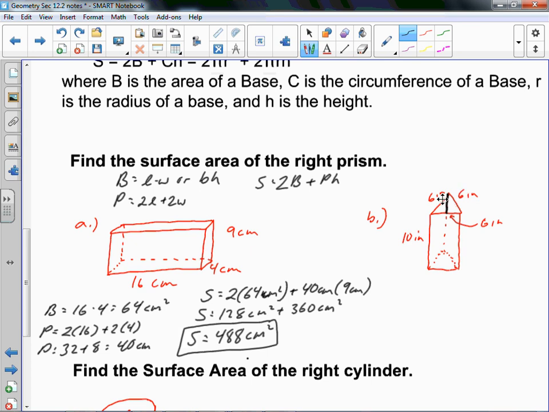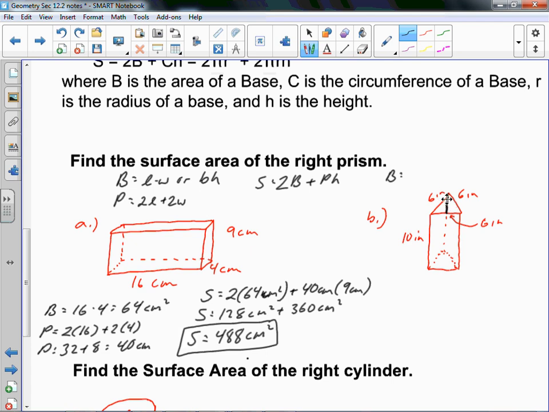So when we go to figure out the area of the base, they didn't give us a height, right? For a normal triangle area, we would do 1/2 the base times the height, which in this example they didn't give us, though we could go through and figure out the height, right?